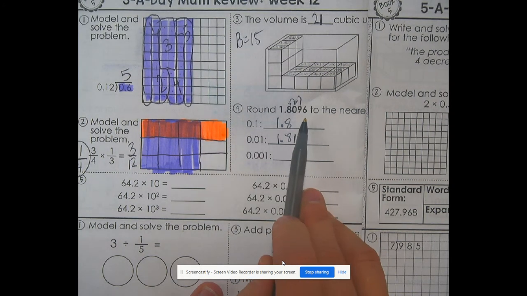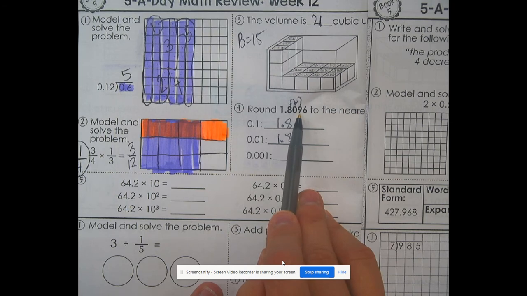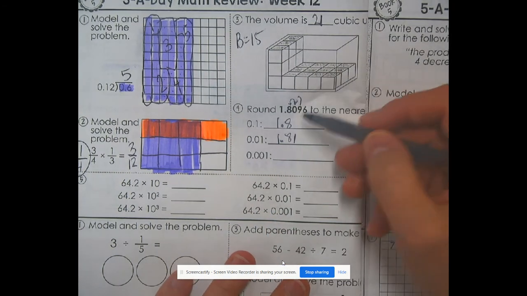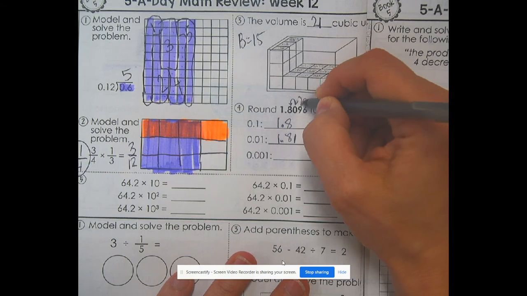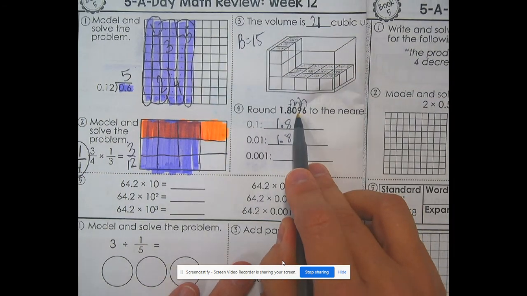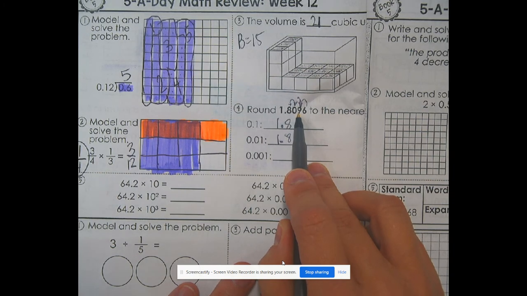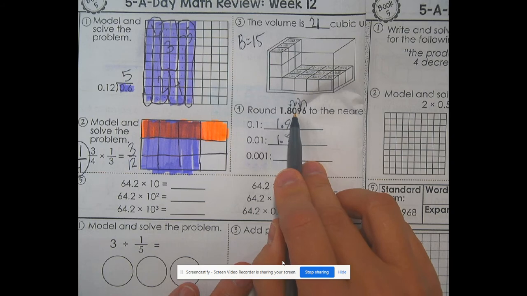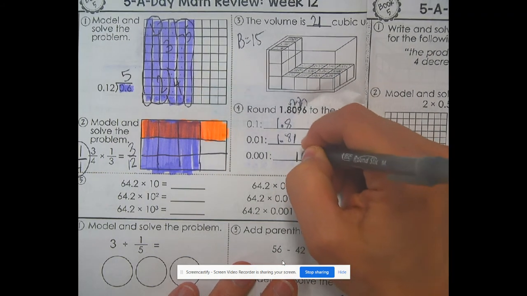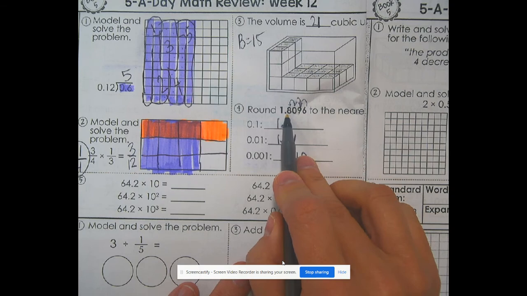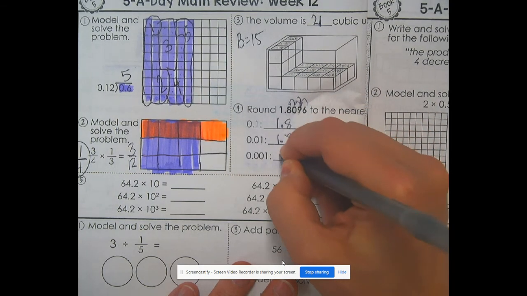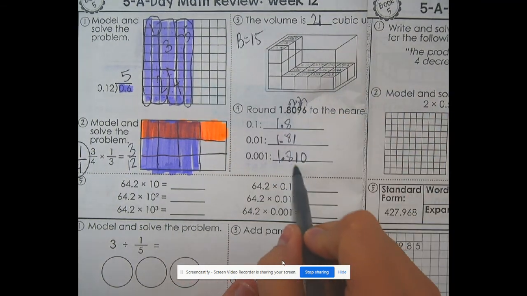Which number's in the thousandths place? The 9. Oh dear. Okay, so who's going to tell the 9 to do something? The 6 is going to tell the 9 to raise the score, right? So then he becomes a 10. So what does this one become? A 1. Numbers to the left stay the same. Now, why did I put that 0 there?